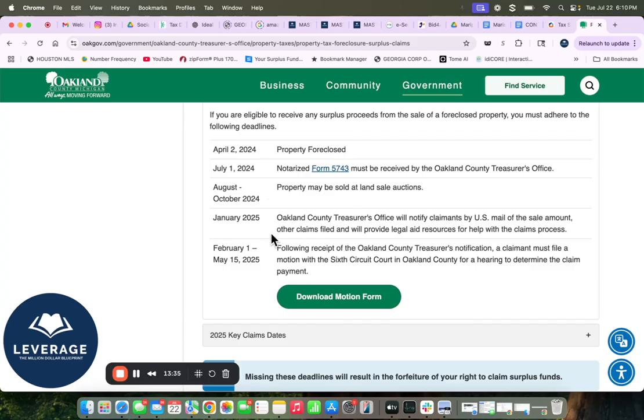But if you guys see right here, it says, following receipt of the Oakland County Treasurer's notification, a claimant must file a motion with the Sixth Circuit Court in Oakland County for a hearing to determine a claim. You guys see that? I was like, okay, no. Sixth Circuit Court for a hearing to determine the claim payment.